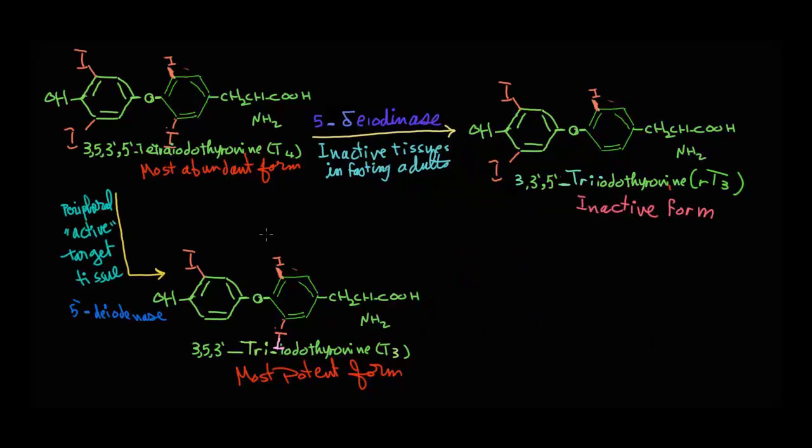Here we depict the chemistry and interconversion of the thyroid hormones in different tissues. The most abundant form of thyroid hormones produced by the thyroid gland is T4 or thyroxine, which is 3,5,3',5' tetraiodothyronine. So this is the most abundant form.